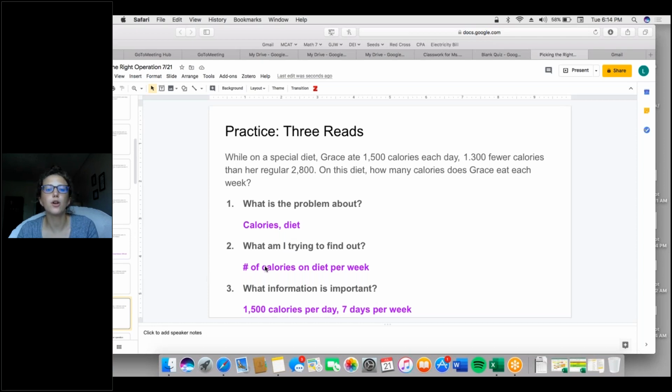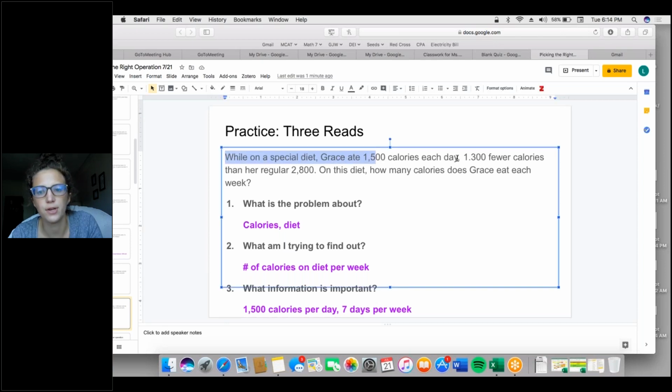If I want to know the number of calories she eats on her diet per week, I'm going to go back and see what's going to help me. Well, how many calories does she eat on her diet? It says while on the diet, she eats 1,500 calories each day. That's something about how much she eats on her diet, so I'm going to write that down. And I didn't just write 1,500, I wrote 1,500 calories per day.